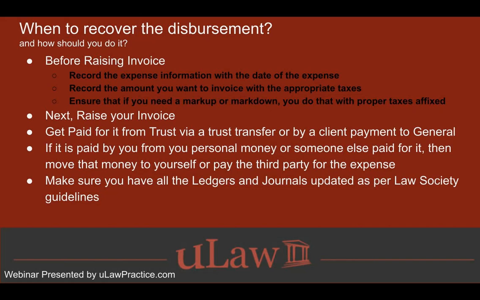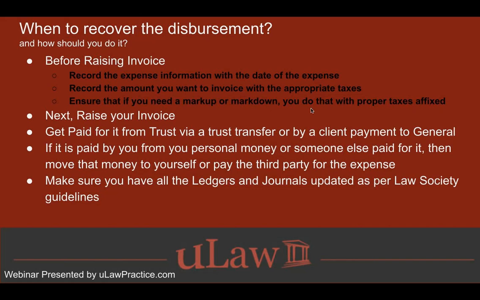Hence, I am invoicing you for this amount. For example, you're charging them $50 and you're incurring $25, which means a $25 profit motive is here, which is very clear. It happens only when you're using a general account. But end of the day, you're charging them this amount so that you can raise an invoice and transfer the money from trust to general.